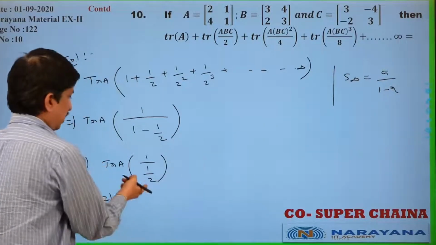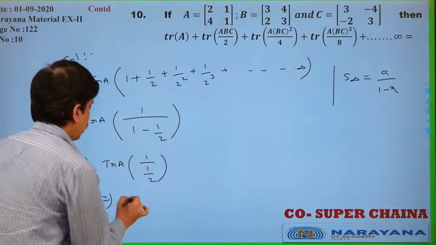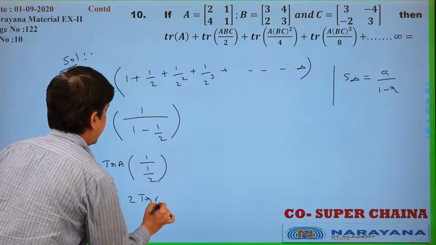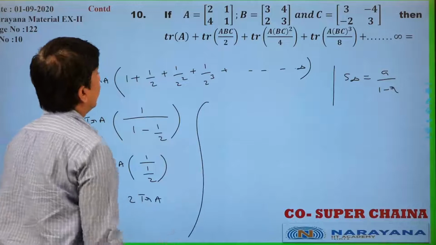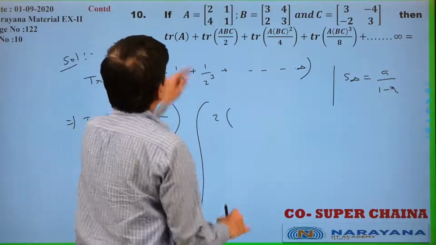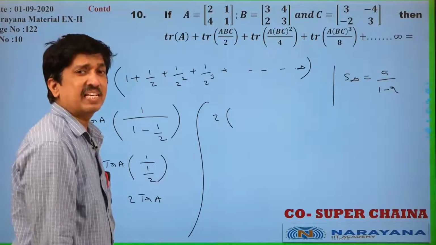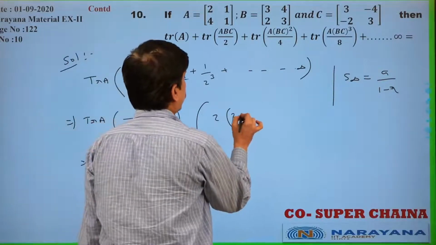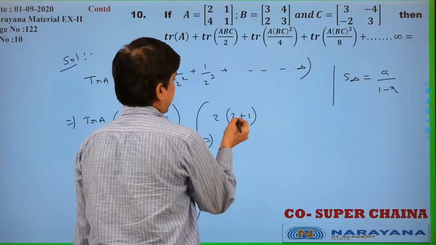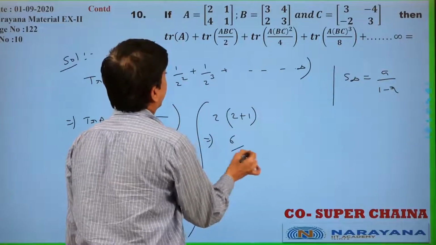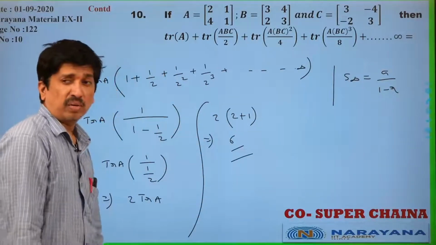That is nothing but this 2 comes into the numerator, 2 times trace A you will get. Is it clear or not? What is trace A? You see, trace A is 2 plus 1. 2 into 2 plus 1, that is nothing but 3 into 2, 6 is the answer only.